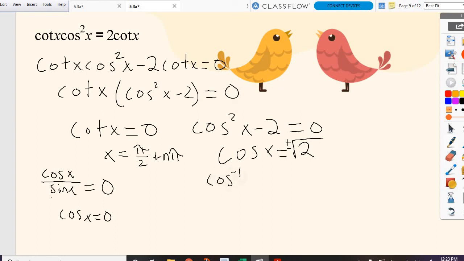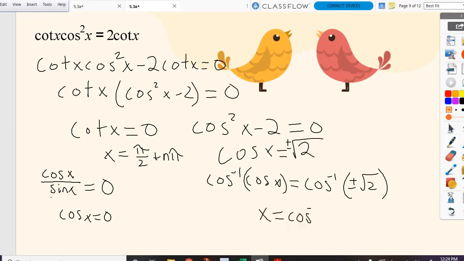Cosine inverse. Because they're inverses, they undo each other, and we would just be left with an x. Now we would just plug that into our calculator.